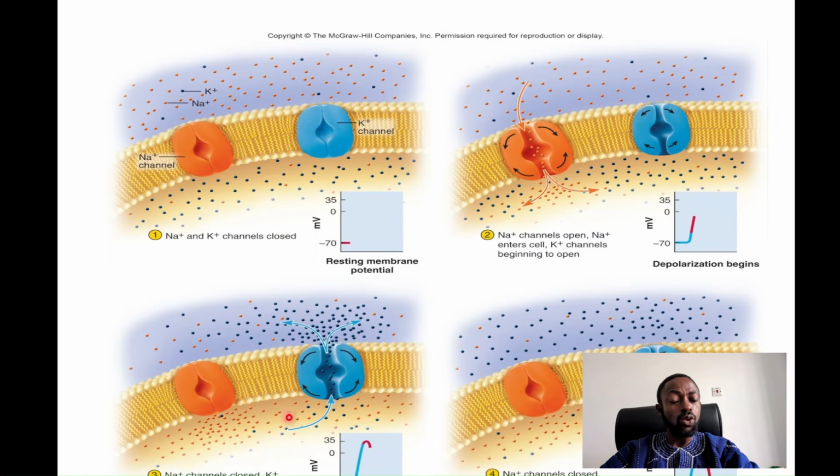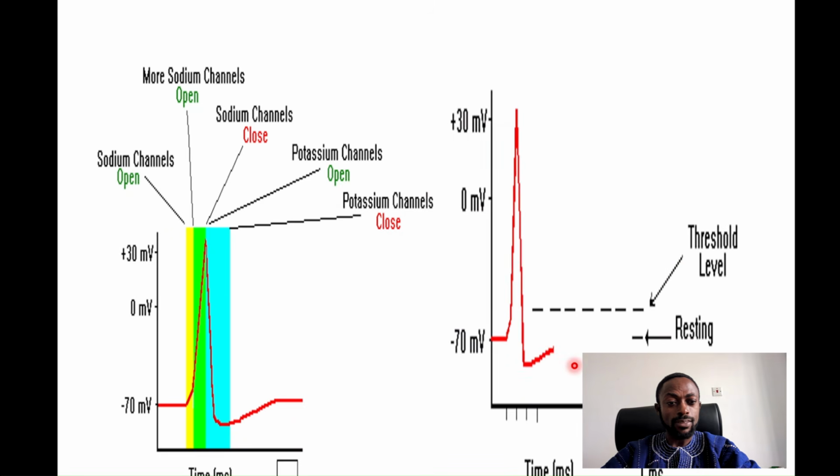Okay, so this will continue to happen until more potassium ions leave the cell, driving the cell back down to a more negative state. So this is what happens. I want to use this diagram graphically to show you what happens. So as long as sodium ions are coming in and then potassium ions are coming out, we'll see this ascent and descent. And this is what we term as action potential.